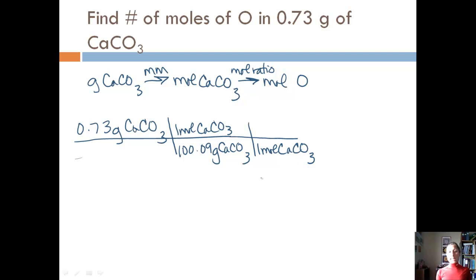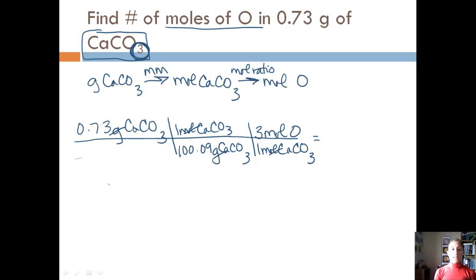It was kind of like the atoms that we did in the previous example. For every 1 unit of calcium carbonate, there are 3 parts of that whole unit that are oxygen. And so we would say for every 1 mole of the entire molecule, there are 3 moles of oxygen. And so my moles of calcium carbonate cancel, my grams cancel, I'm left with moles of oxygen, which is what I wanted.